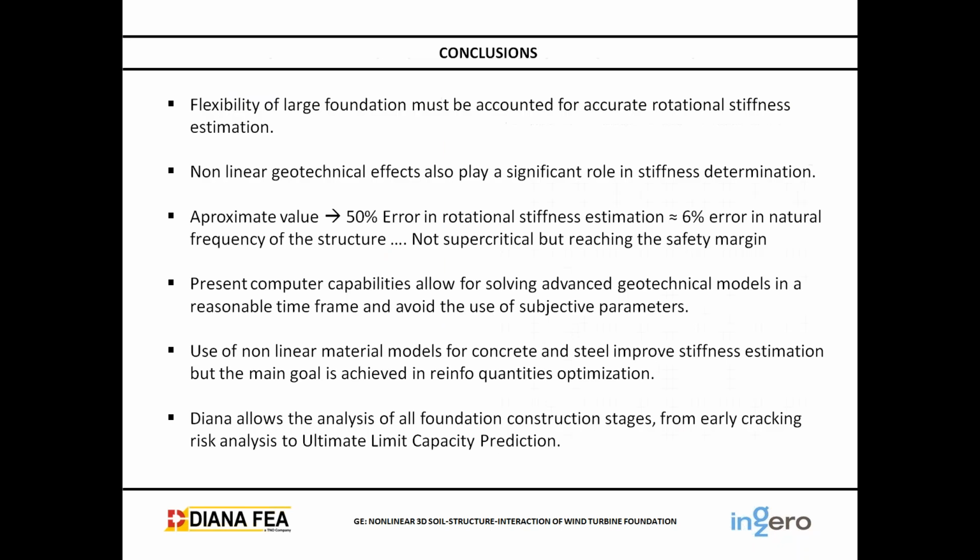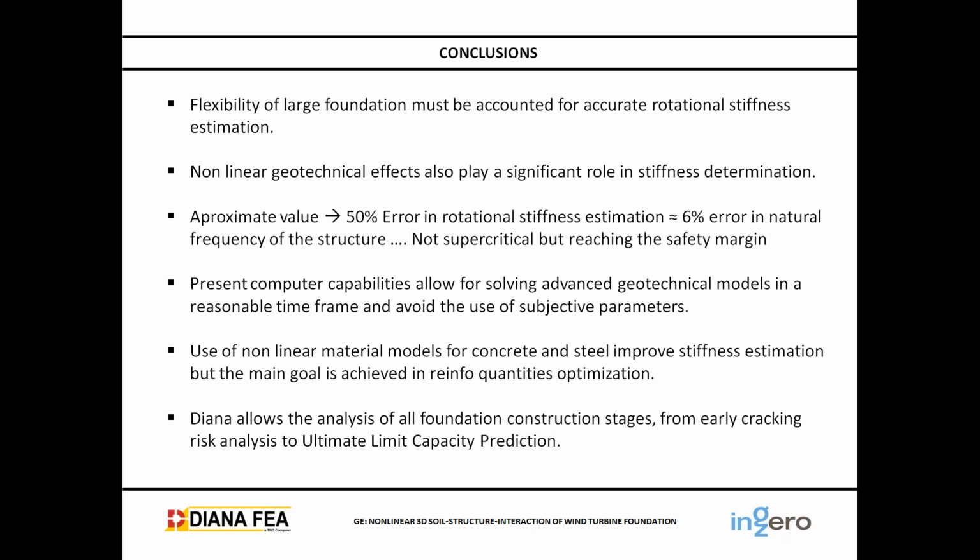Okay, so just some conclusions. The flexibility of large foundations must be accounted for in accurate rotational stiffness estimation. Nonlinear geotechnical effects play a significant role in stiffness determination, with an approximate value that depends on the wind turbine, the terrain, and the loads. A 50% error in the total stiffness estimation from the footing leads to a 6% error in the natural frequency of the structure.